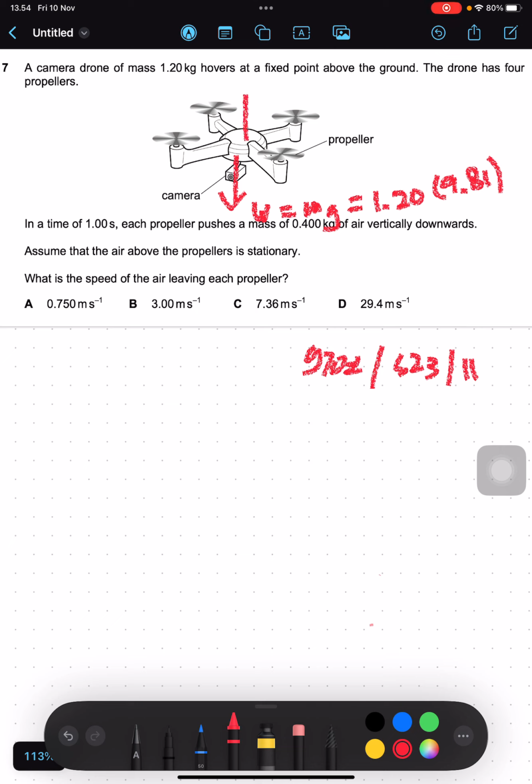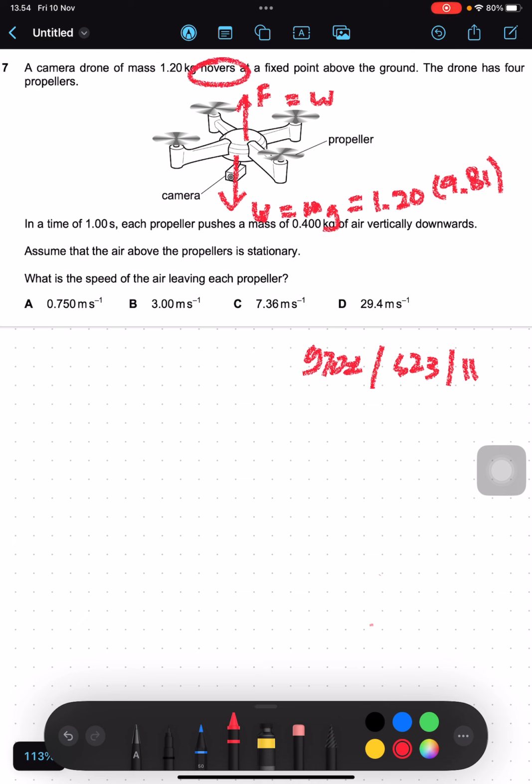It's hovering, so the force will be equal to W. It's the same thing as W, because this is hovering.